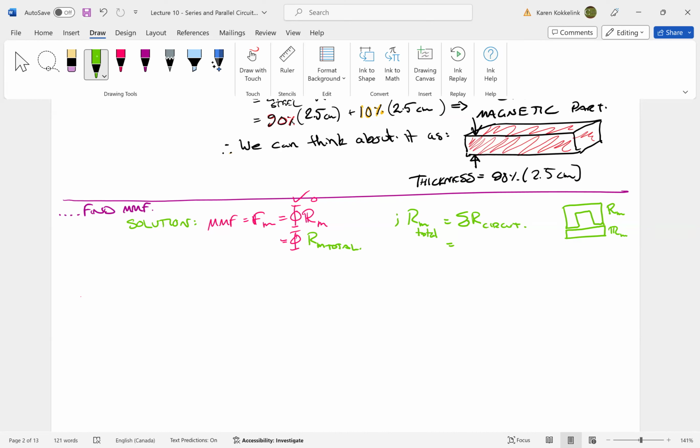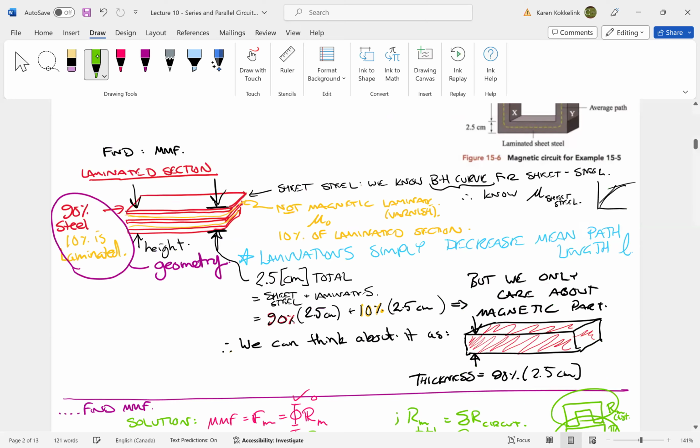We can call this cast because it's made out of cast, and we can call this sheet because it's a laminated sheet. So it's going to be the sum of Rm cast plus Rm sheet. This is cast and this is sheet.